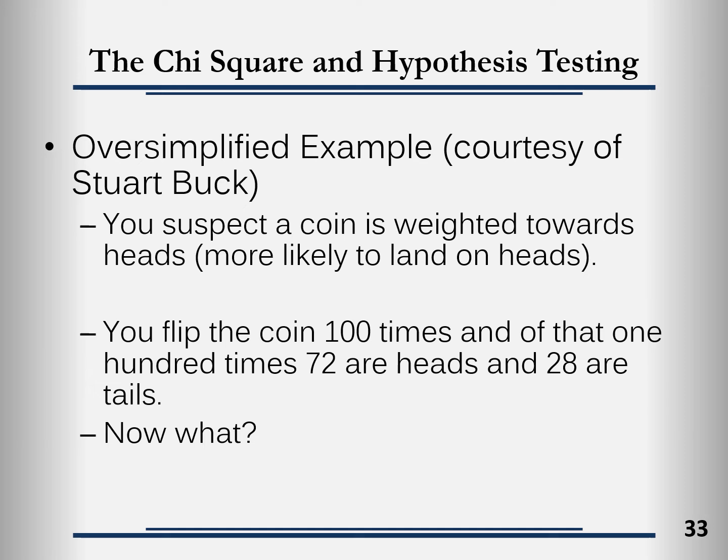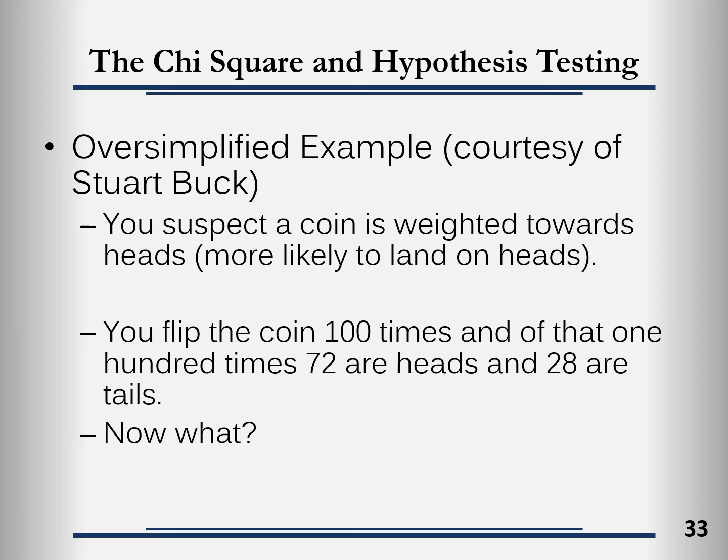Now, of course, it should be 50-50 in an ideal system. So the question is, is that extreme enough? If it was 100 heads and 0 tails, that would be pretty clear that there's something going on. If it was 50-50, that would be pretty clear. There's probably nothing going on.